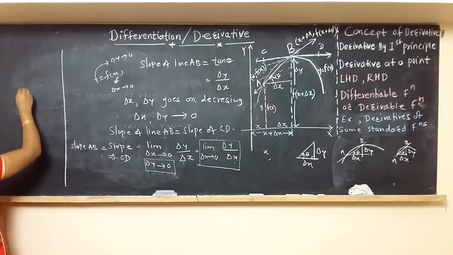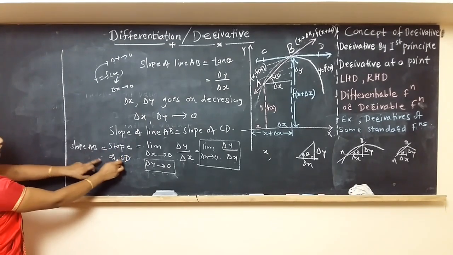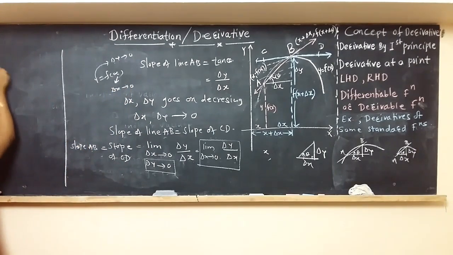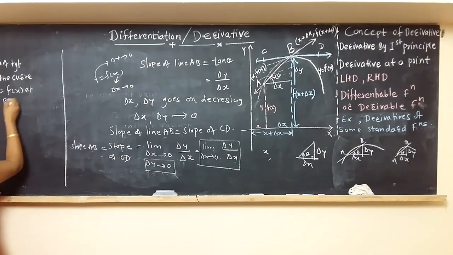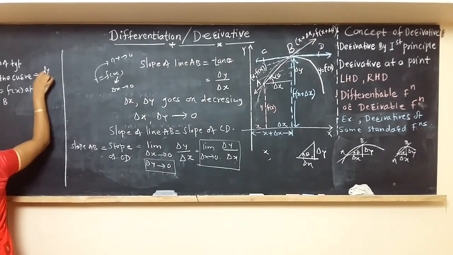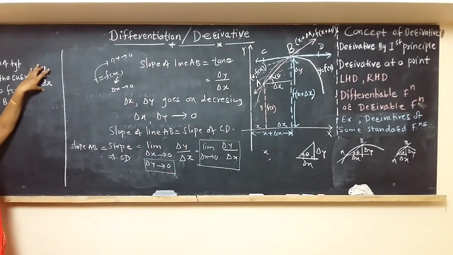As the slope of line AB is nothing but the slope of CD, and CD is nothing but a tangent line to this curve, we also represent this as the slope of the tangent to the curve y is equal to f of x at point B, which is nothing but dy by dx. So this whole thing we denote by using the symbol dy by dx.